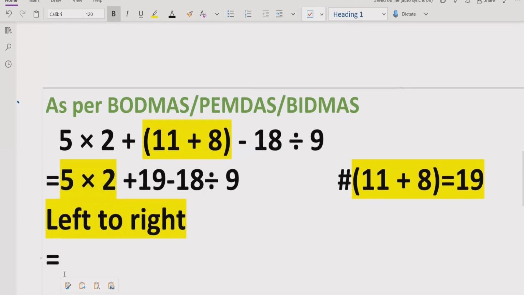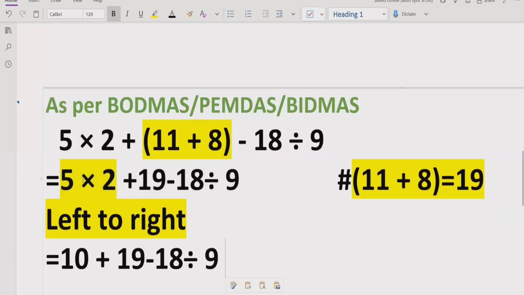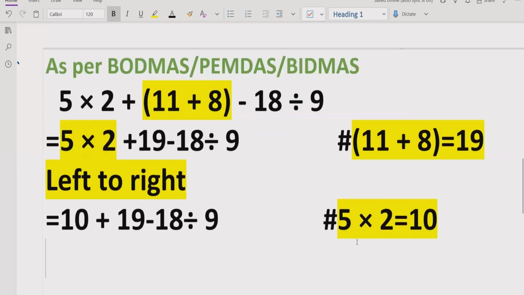According to the rule, 5 multiplied by 2 is 10, plus 19 minus 18 divided by 9. Here we give the reference: this one is 5 times 2, the 10. Now we move forward again, left to right.